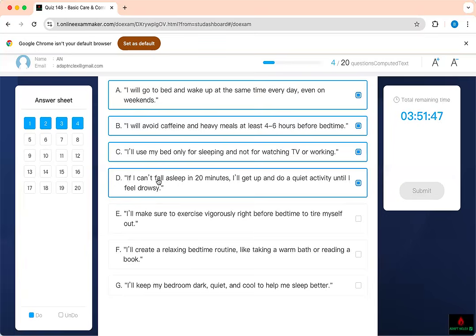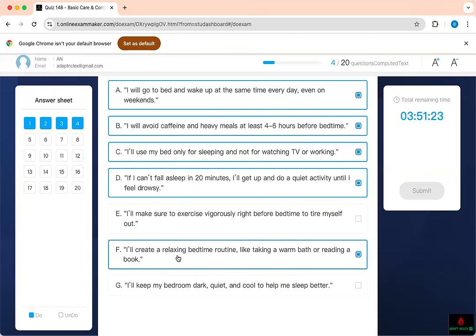As you can see, test-taking strategy: why would four be right and five also be right? He said, if I can't fall asleep, I'll get up quietly and do some light activity. Five said, I need to do vigorous exercise before going to bed. Wrong answer. And look at F. I will create a relaxing bedtime routine like taking a warm bath and reading a book.